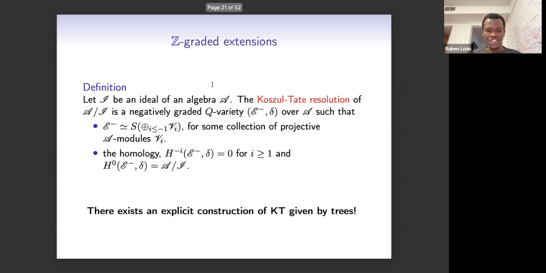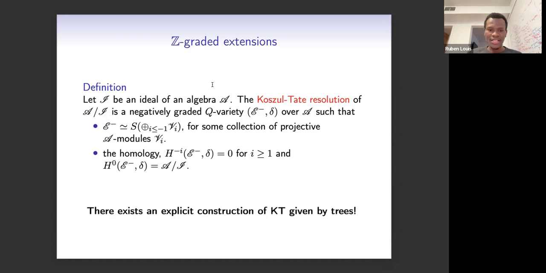And then it's natural to ask, how can we compute those resolutions? In general, it's hard. It's not easy to compute, or it's very long, not so explicit. But there exists a very explicit construction of Koszul-Tate resolution given by trees.